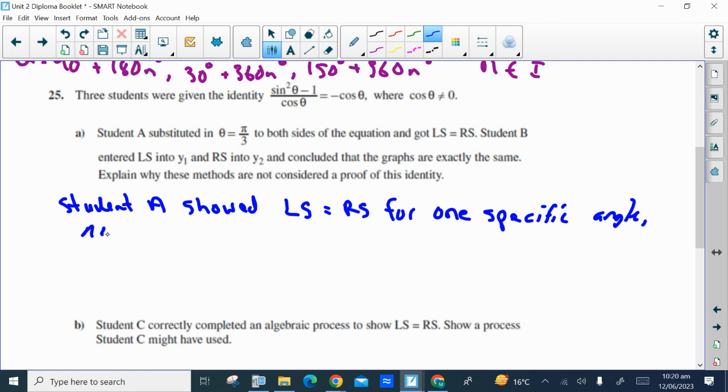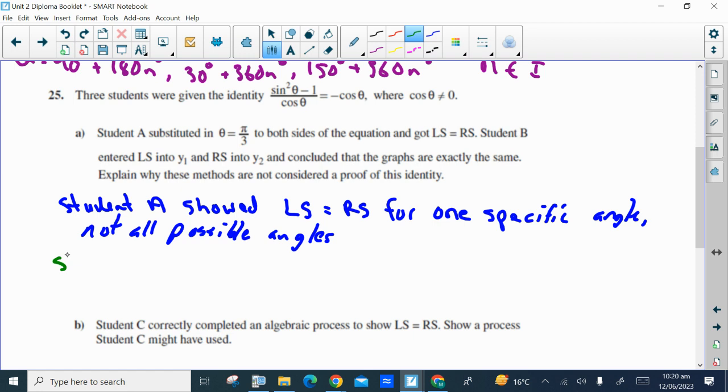Not all angles. Not all possible angles. So that's why that is not a sufficient way of proving an identity.